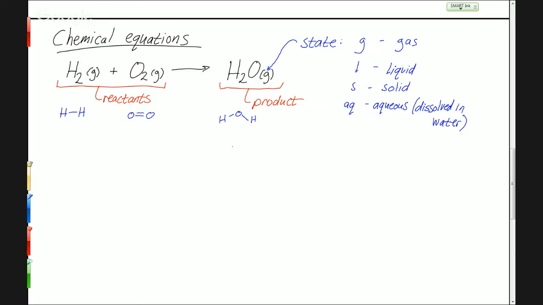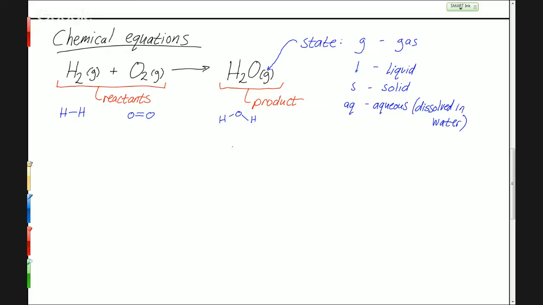The way that we make this work is, what this is really telling us is that this is not the correct ratio that these reactants react in. In other words, 1 hydrogen molecule doesn't react with 1 oxygen molecule to form 1 water molecule. They react in a different ratio, 2 to 1 or 3 to 1 or 6 to 3 or whatever. In this case, it's 2 to 1.